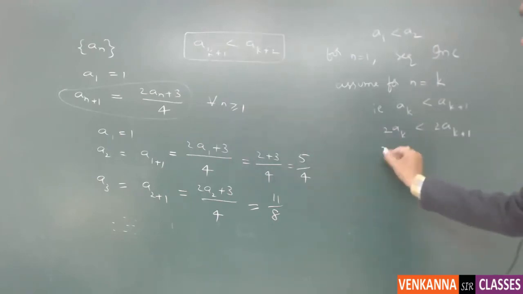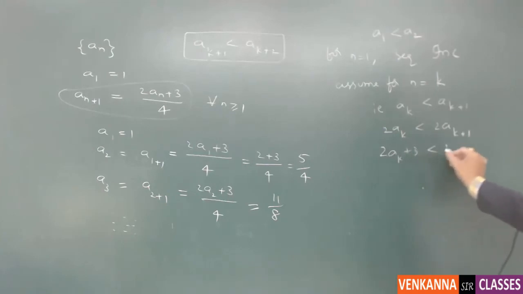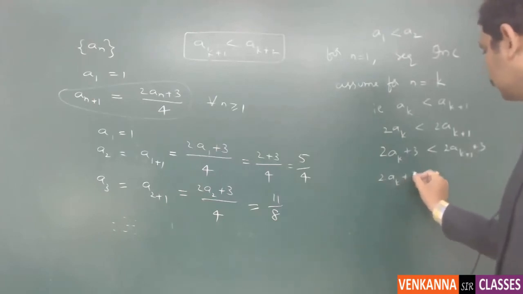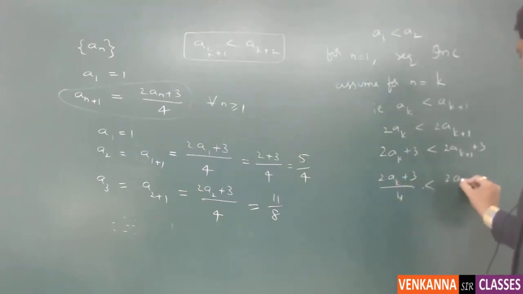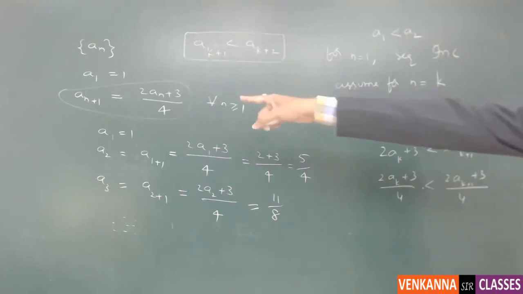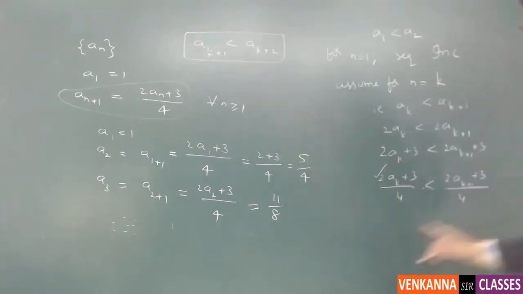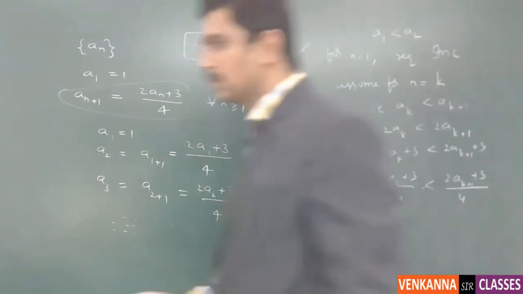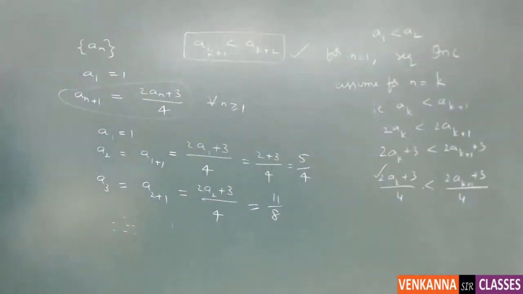Then add 3. Then divide by 4. So as per the recursive formula, this is a(k+1) and this is a(k+2), and you have obtained that a(k+1) is less than a(k+2). Okay? Is that clear? Any queries? Okay.